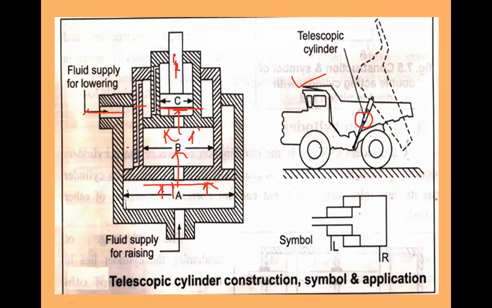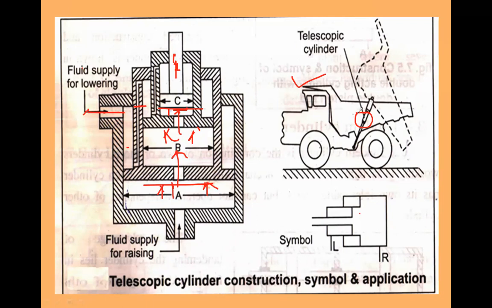At the initial stage, it looks like there is only one cylinder, but when the lifting action starts, another cylinder will come outside from that first one. Then again, when the lifting action goes for a higher range, another small cylinder will come outside from that first cylinder. So that will extend.